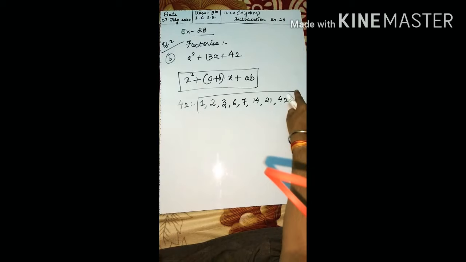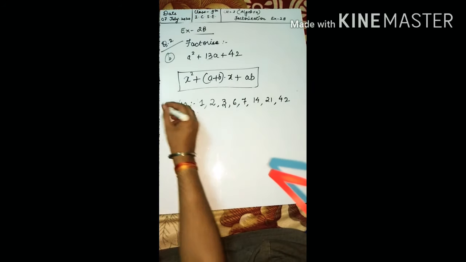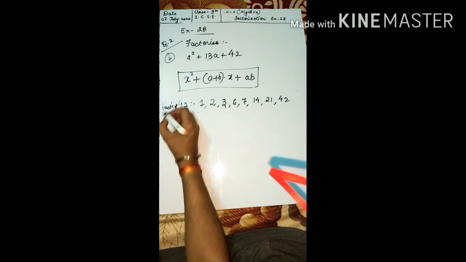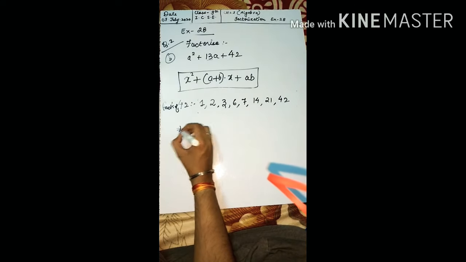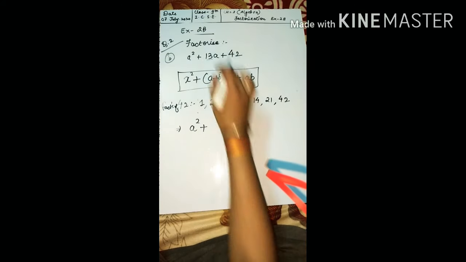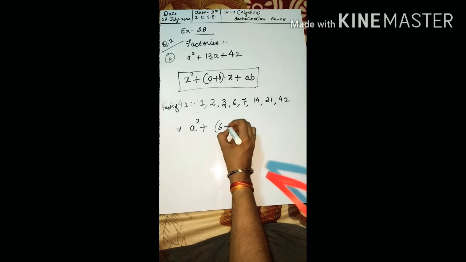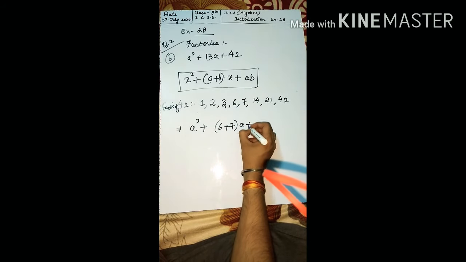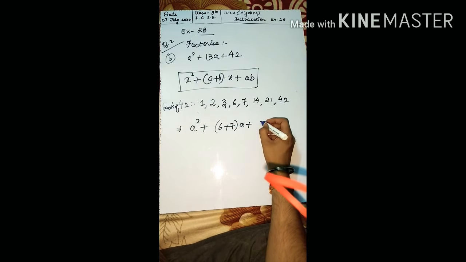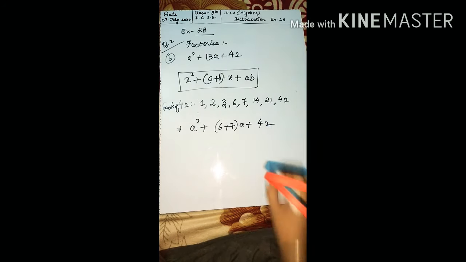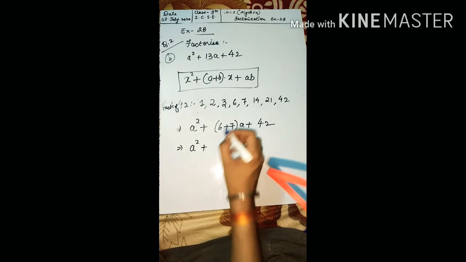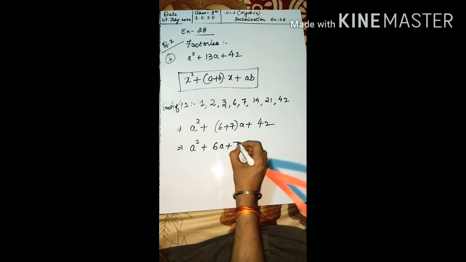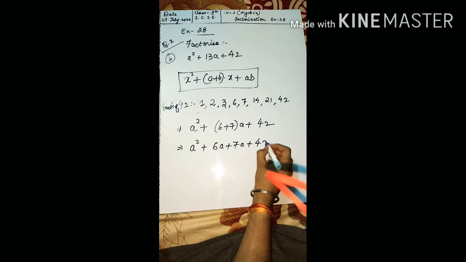This is not rough work I have done. You have to write in such a way: factors of 42, these are the factors. a square plus 13a can be written as a square plus 6a plus 7a plus 42. Now multiply this a inside, so it will be 6a plus 7a plus 42.